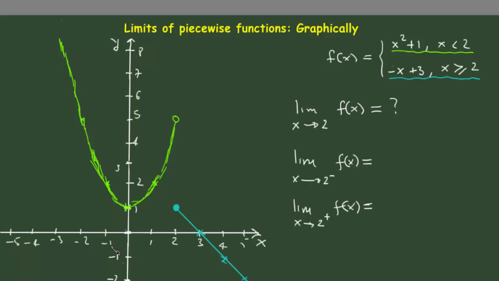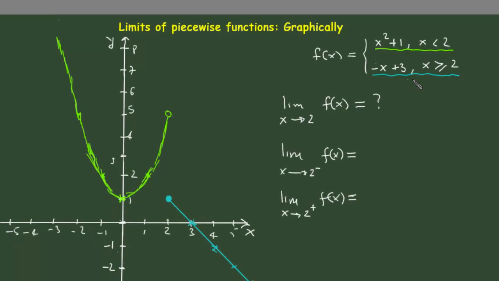Minus 1 is going to be minus 1 to the power 2, this is 1, plus 1 is 2. And minus 2 would be 4, plus 1 is 5. And minus 3 would be minus 3 to the power 2, this is 9, plus 1, it would be 10, so somewhere up there. So this is how I drew this function.